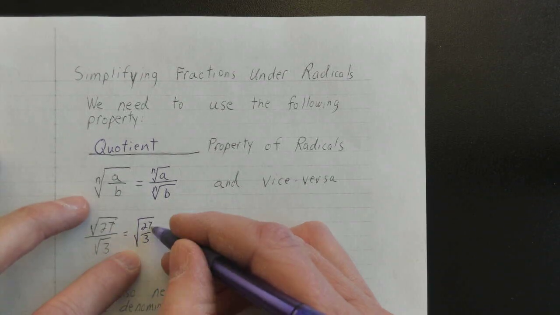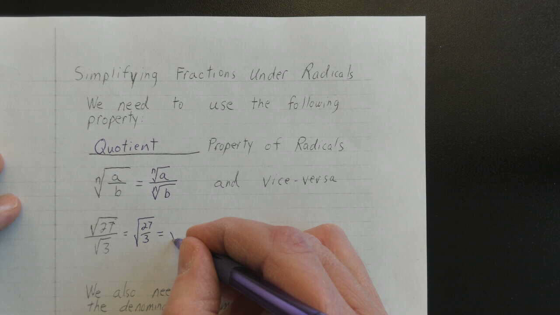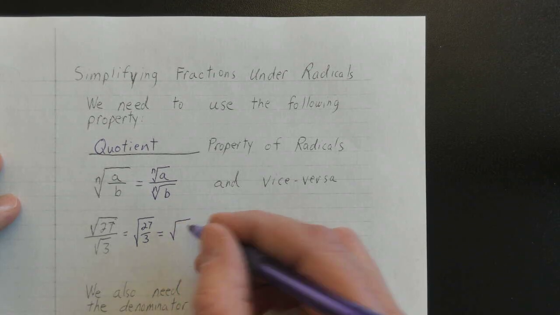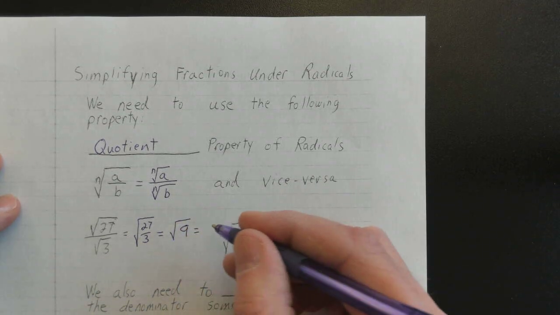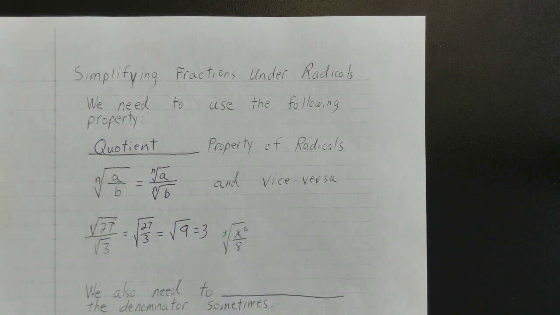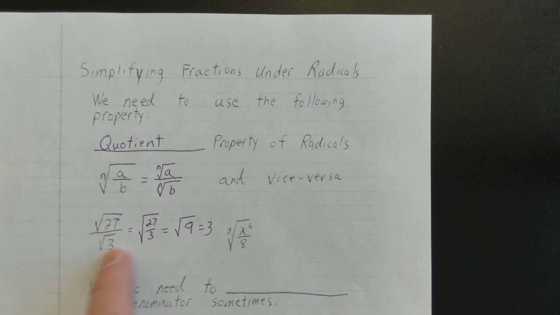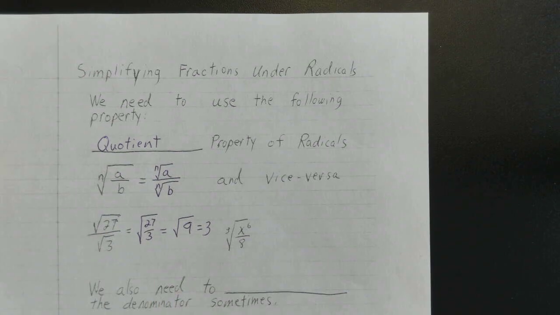What is 27 divided by 3? 9. What's the square root of 9? Okay, so if you're looking ahead on something like this, you can see that it'd probably be easier to make this into one.